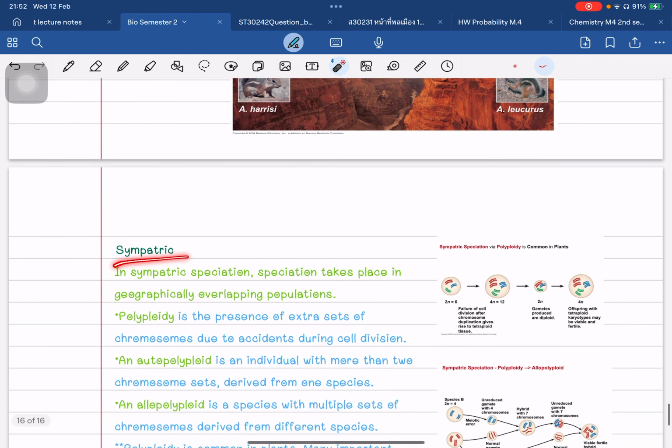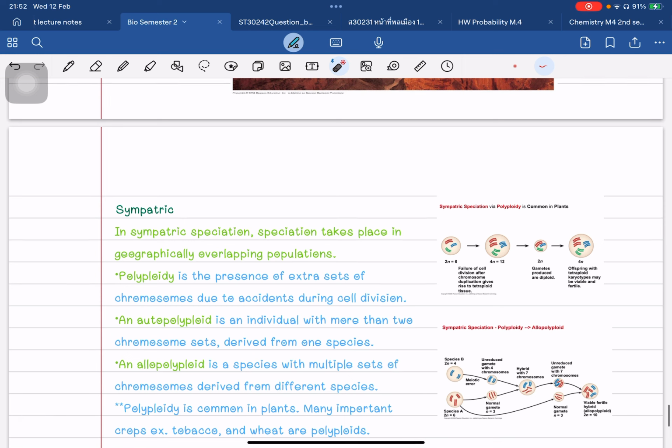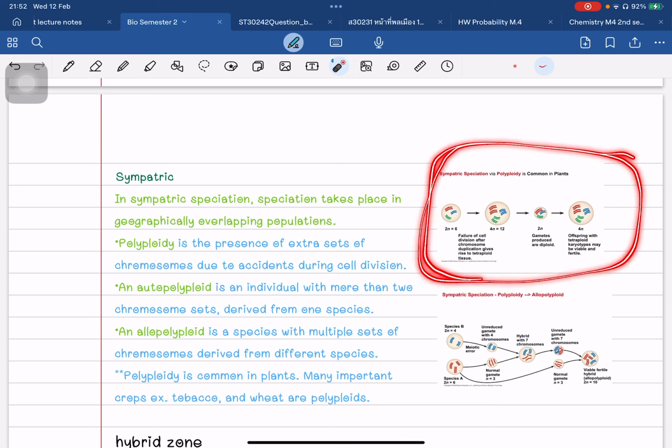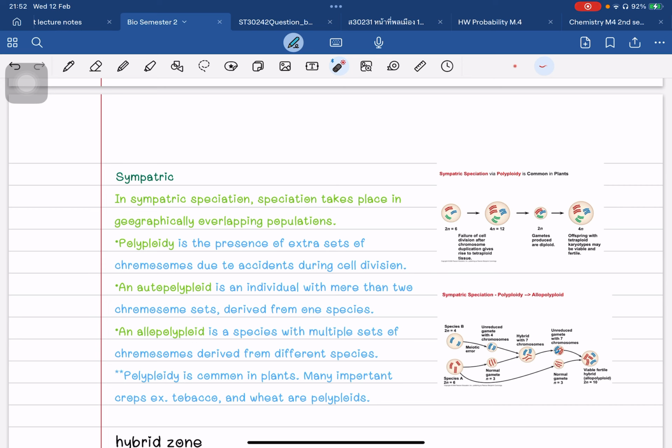So the next type is sympatric. In sympatric speciation, speciation takes place in geographically overlapping populations. Polyploidy is the presence of extra sets of chromosomes due to an accident during cell division. So this is the example. And we have two types of polyploidy.